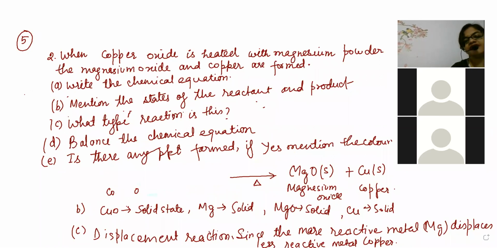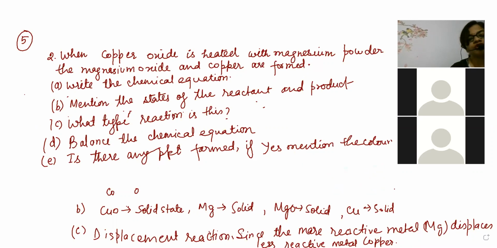Fourth answer, balance the chemical equation. So definitely first one itself will be the balance. The number of atoms in reactant is equal to the number of atoms in product. But how to represent this? So CuO solid plus magnesium solid. Here Cu is 1 in number, oxygen 1, magnesium 1.